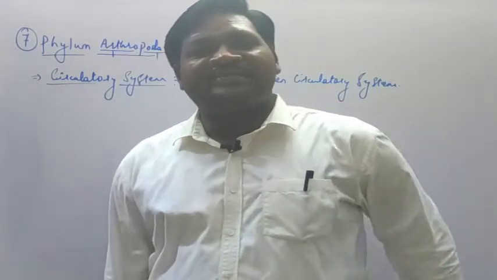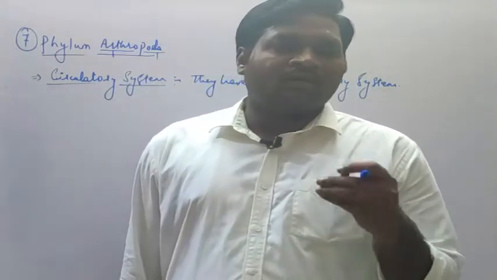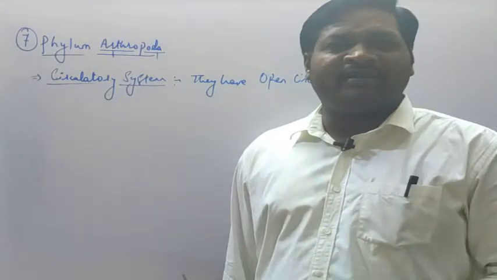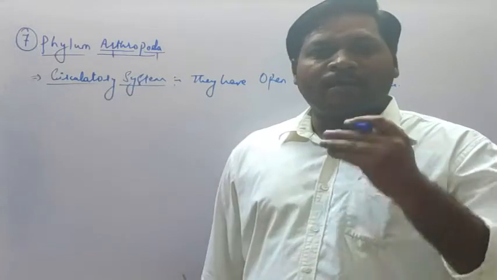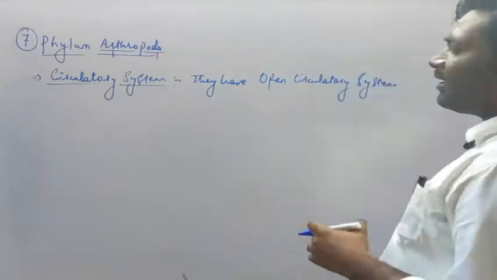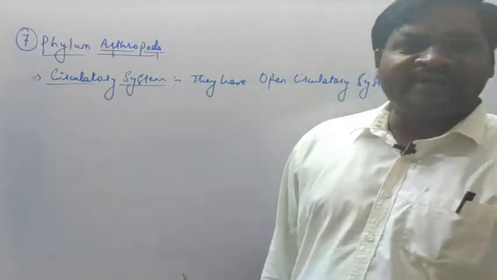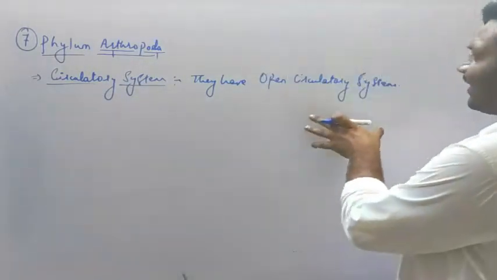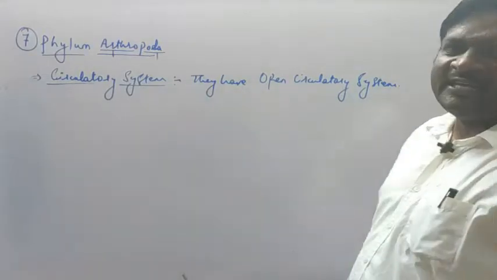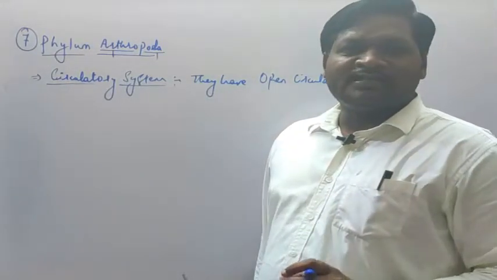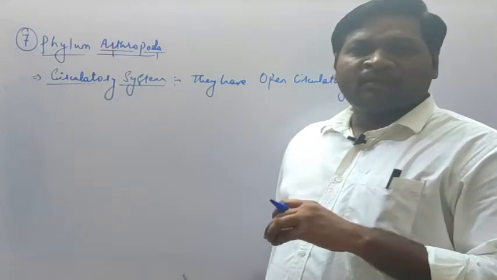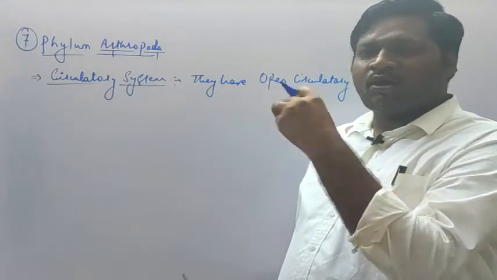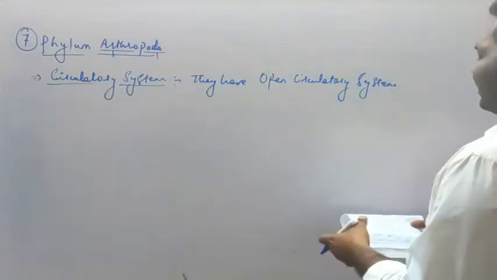An open circulatory system means it has sinuses or empty cavities within which the blood is bathed, and a closed circulatory system consists of veins and blood vessels. Here in arthropods we see absence of blood vessels, so the blood passes from the circulating part directly to the organs or into the cavity itself.